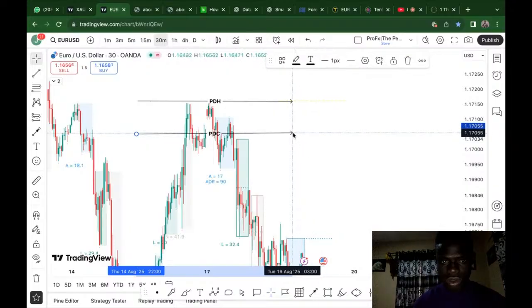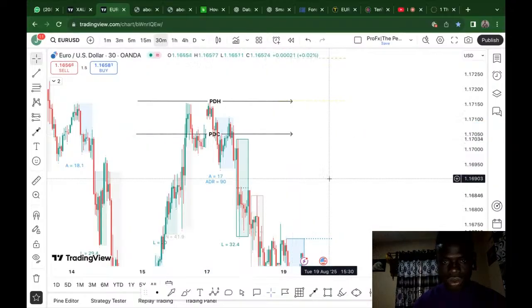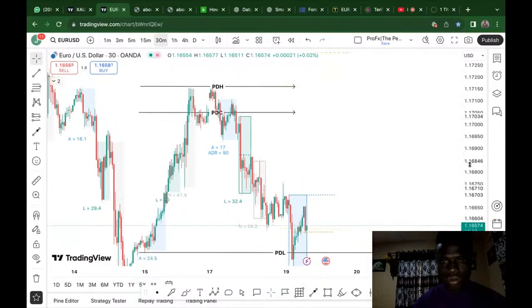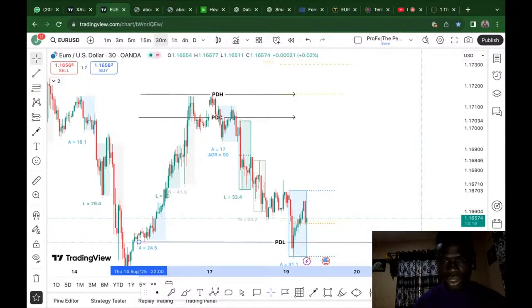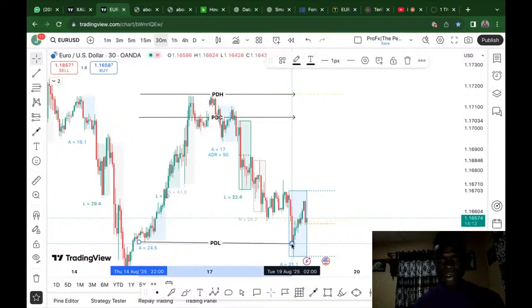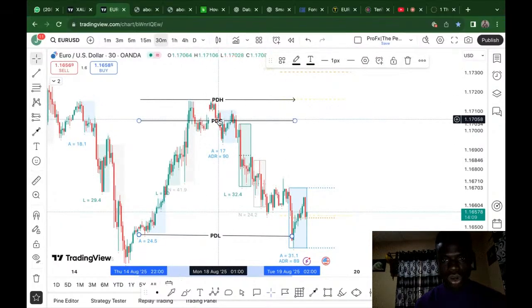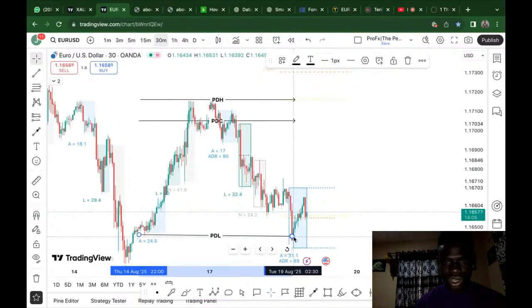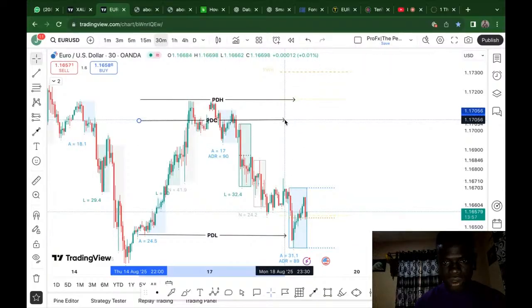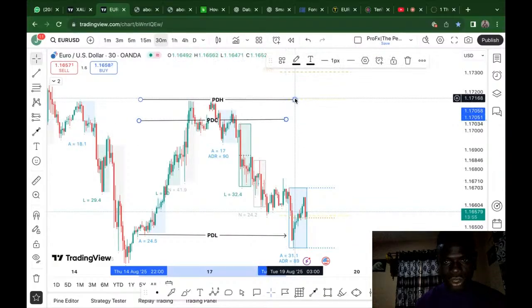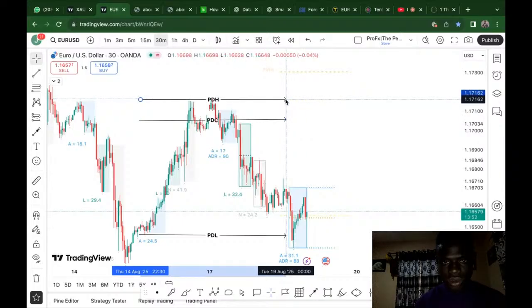Adjust. Previous day low. Adjust. So I'm adjusting them to fit in the range of Friday and Monday. I want the high, close and low to fit in the range of Monday's close. Right, that's it. Just adjust to fit.